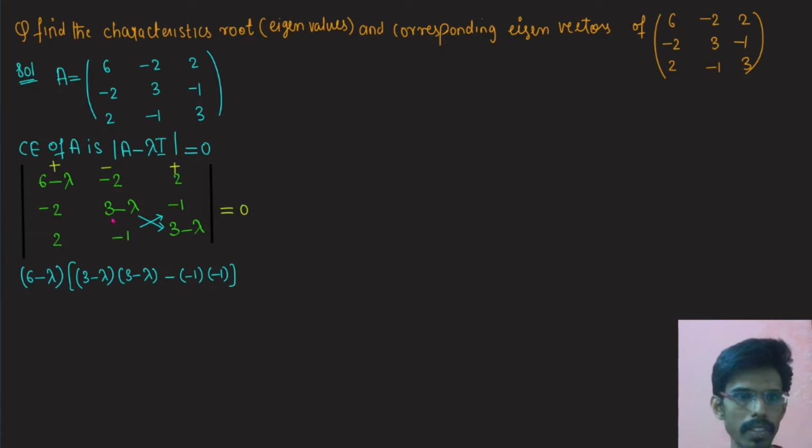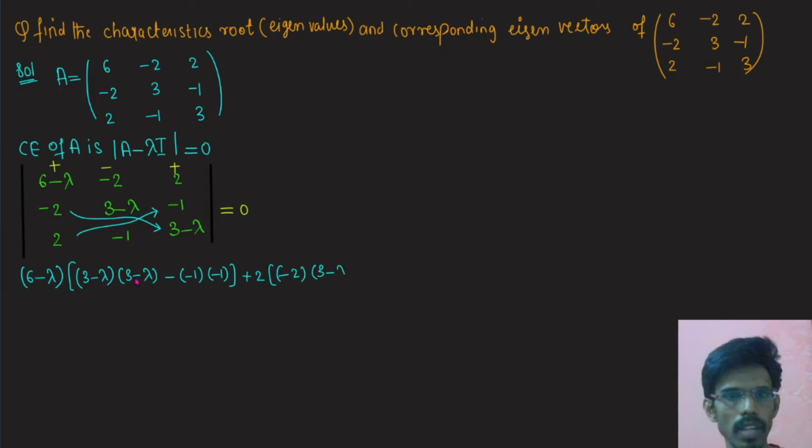Now minus of minus will become plus 2 into, now leave the first row and second column. Leaving the first row and second column, we have these 4 elements. Now we have 2 into minus 2 into 3 minus lambda, put the minus sign, then we have 2 into minus 1.